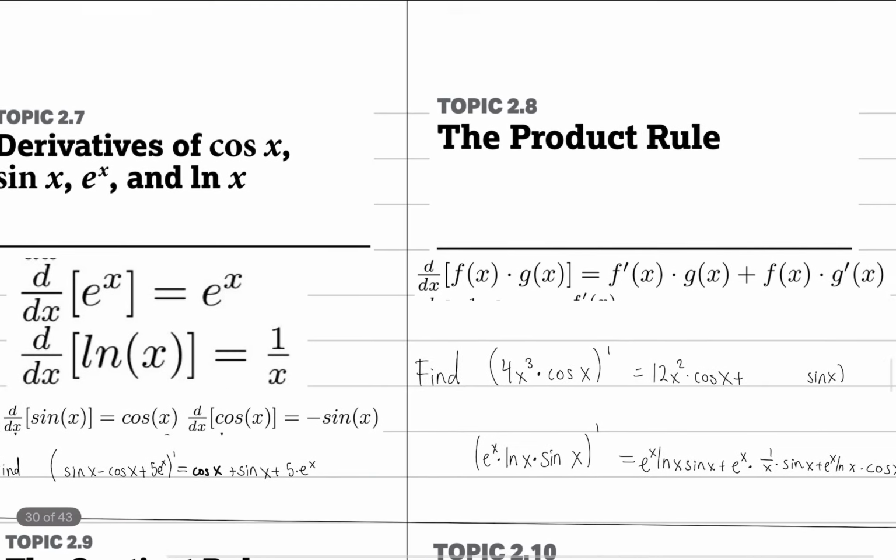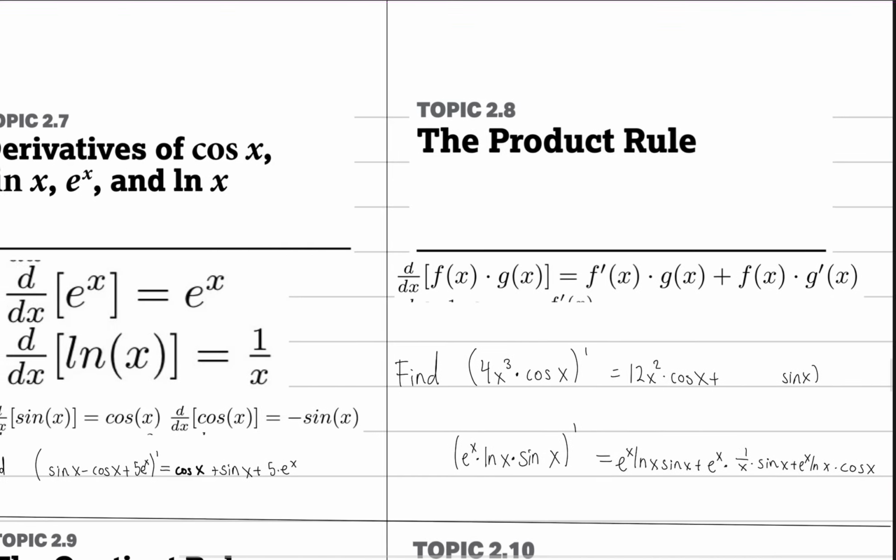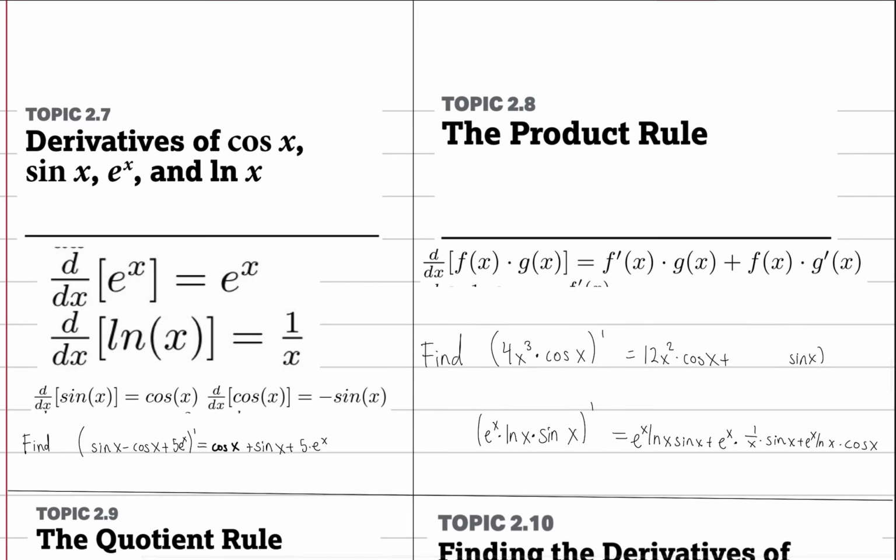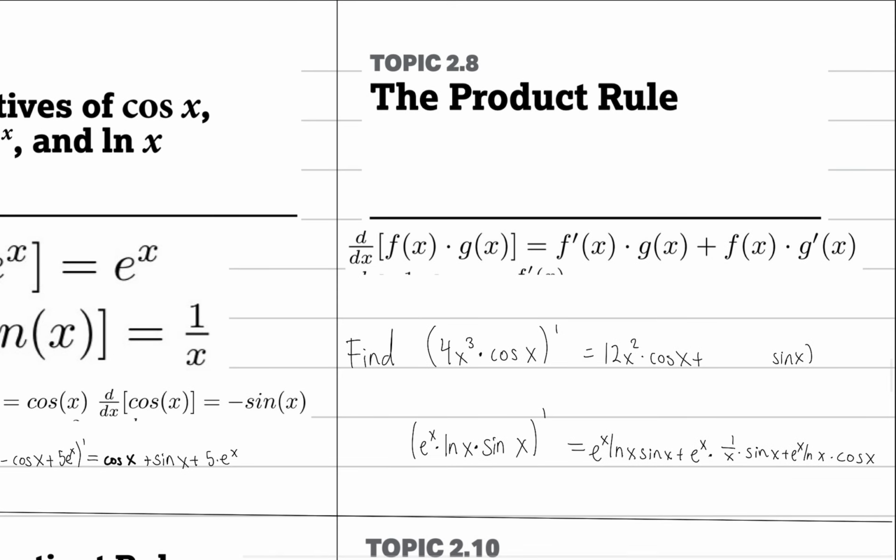So topic 2.8 covers the product rule, another one you need to know cold. So the derivative of a product of two functions f times g, or you may have learned it, u, v, whatever works for you. But the derivative of f times g is f prime g plus f g prime. I don't know how you want to memorize it, but you need to memorize it.